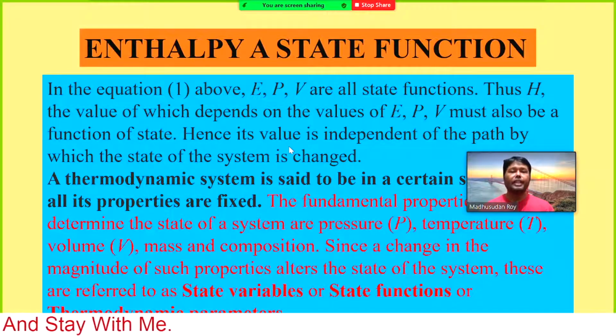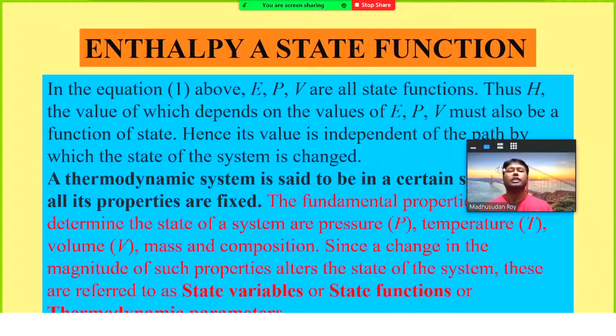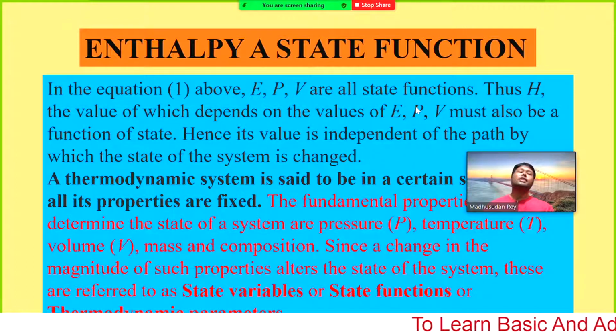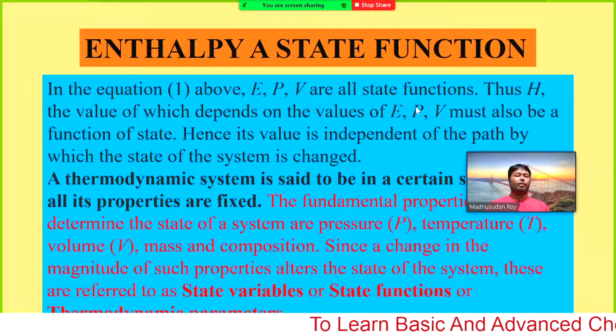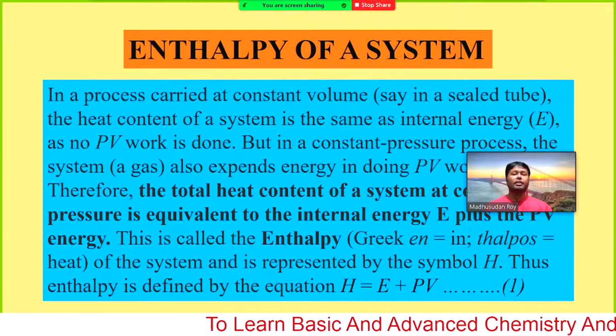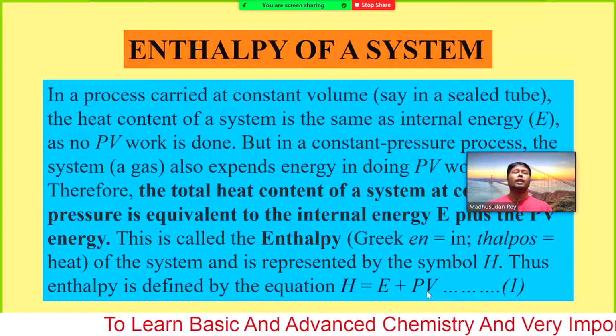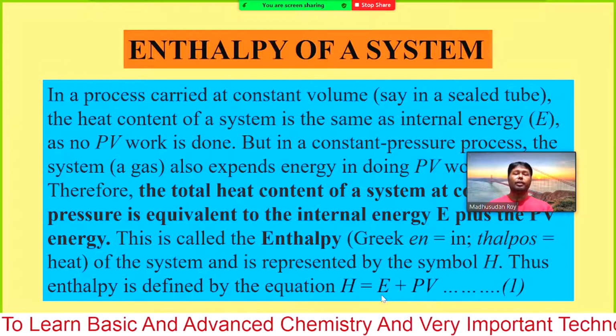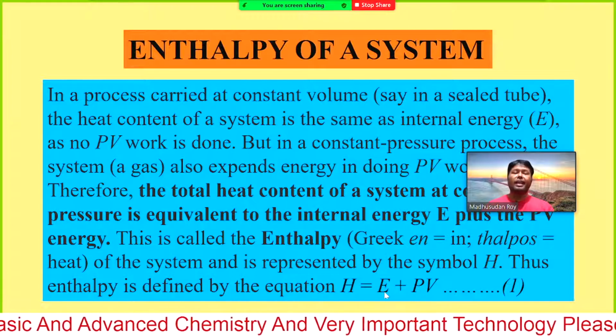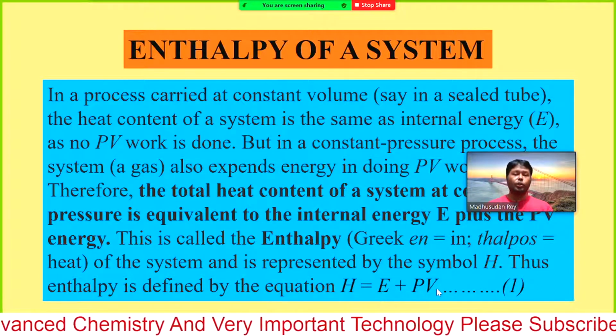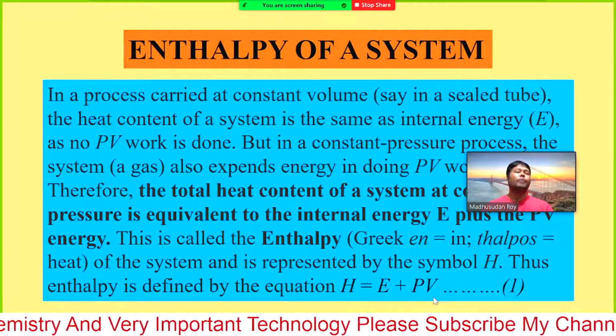Hence its value is independent of the path by which the state of the system is changed. So, just remember, whether the enthalpy of a system is a state function or not: as we have defined, H equals E plus PV. We know internal energy, pressure, volume, all of them are state functions.